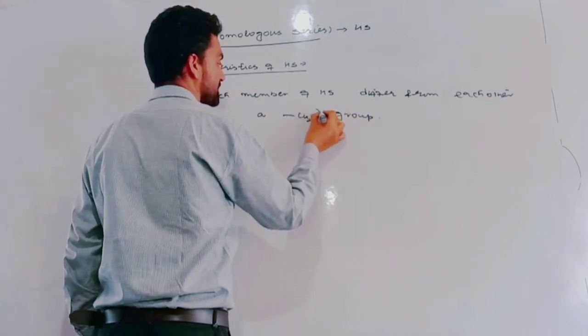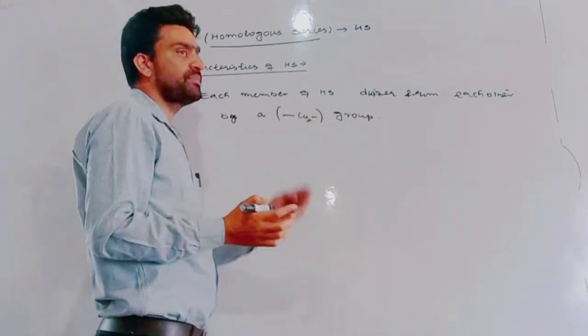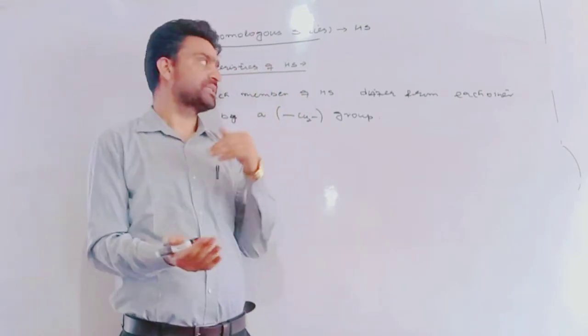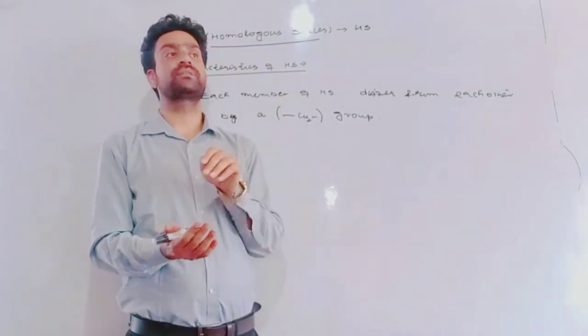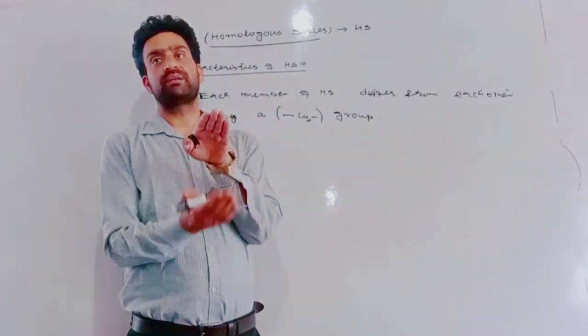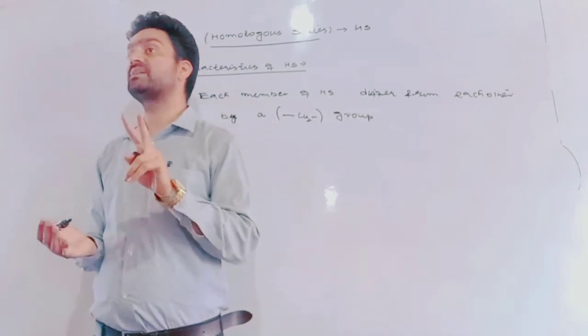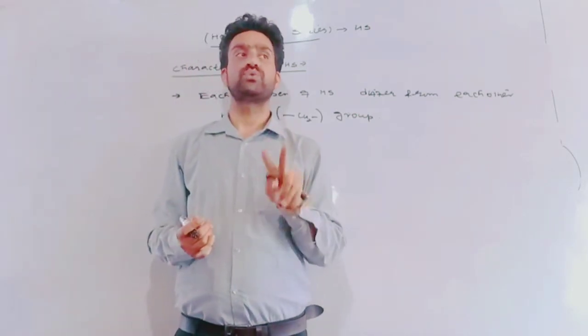What does it indicate? हर कोई member, if there are 3 or 4 members, I will give example after that. The individual members of homologous series differ from each other by one CH2 group. That means there is a difference of one carbon atom and 2 hydrogen atoms.